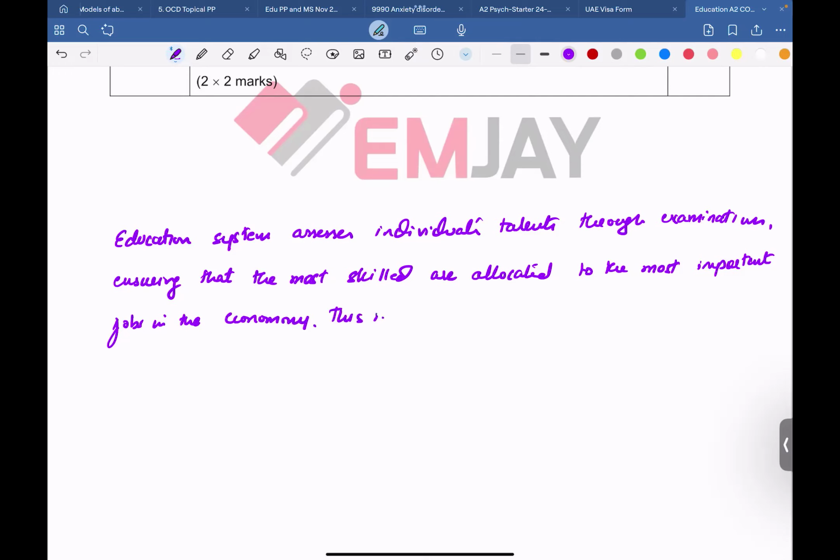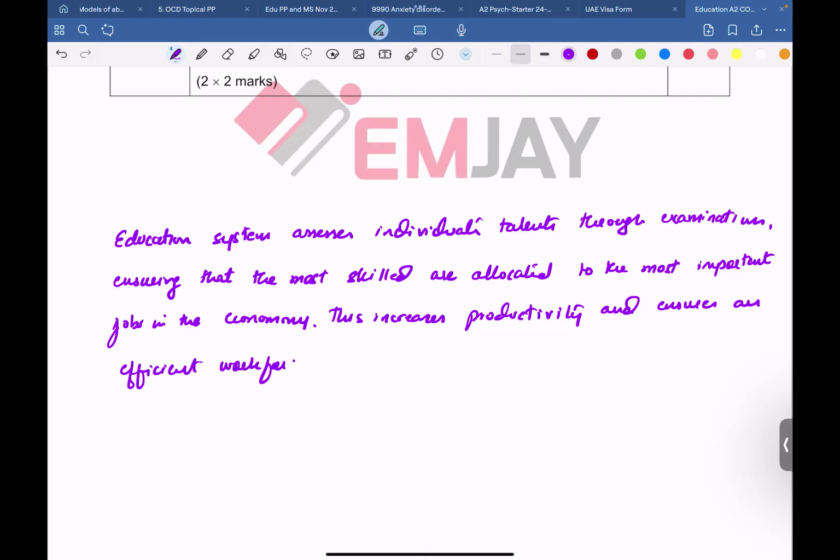This increases productivity and ensures an efficient workforce.